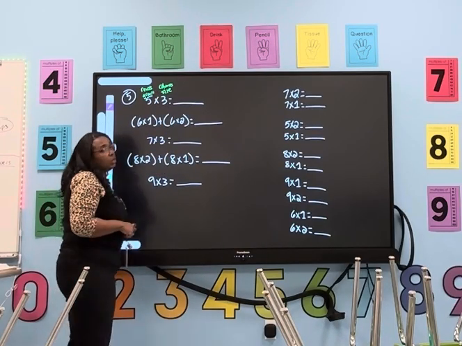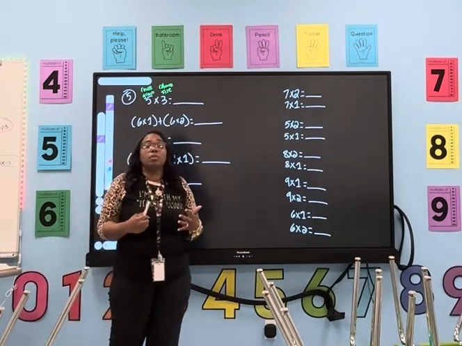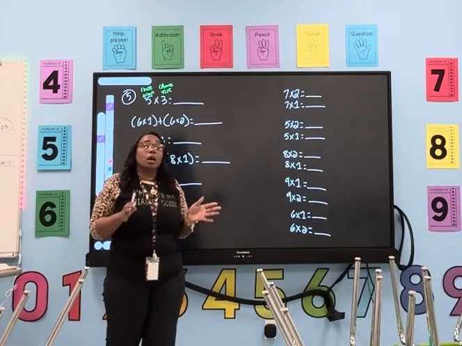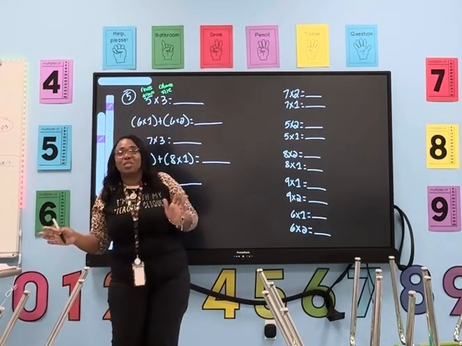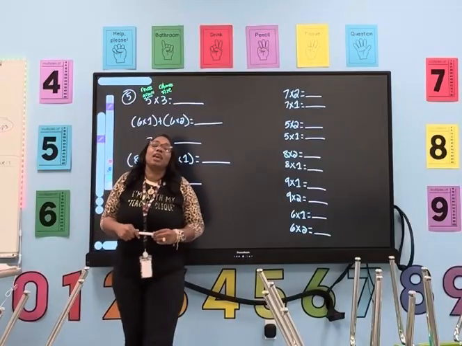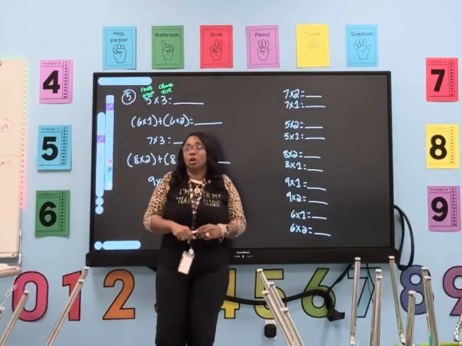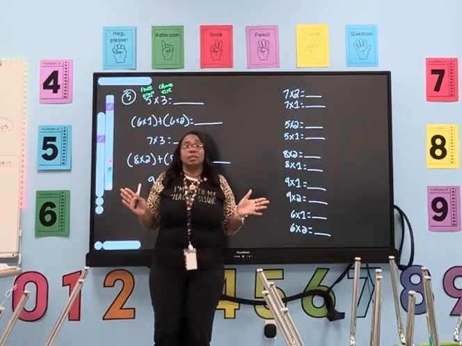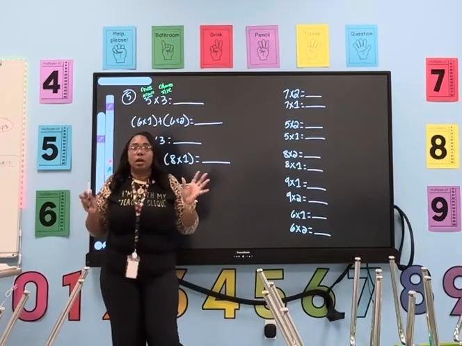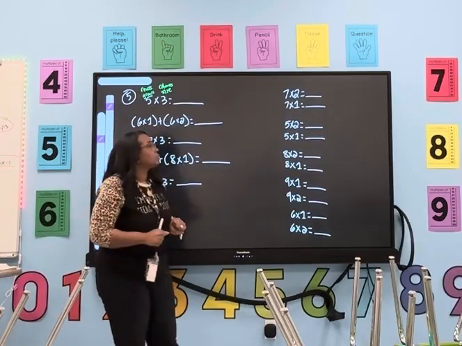So it depends on what you're looking at. If you're looking at the array, then it's rows and columns. Well, let me do it this way. Rows, then columns. And then if you're looking at the groups, then it's your groups, then size. So it depends on what actual drawing you're looking at.